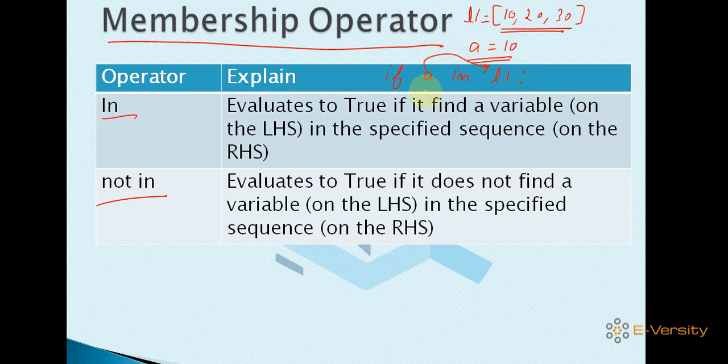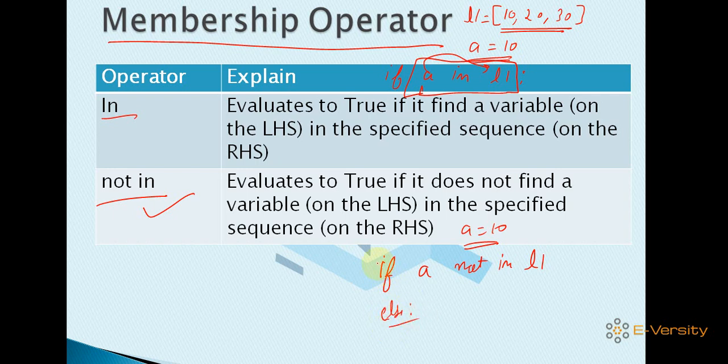If it is true, the condition becomes true, otherwise it returns false. Same thing you can use with not in. If I write if a not in L1, and a = 10, you can see a not in L1 becomes false, because a is in L1, so the condition is false and it will go to the else part.